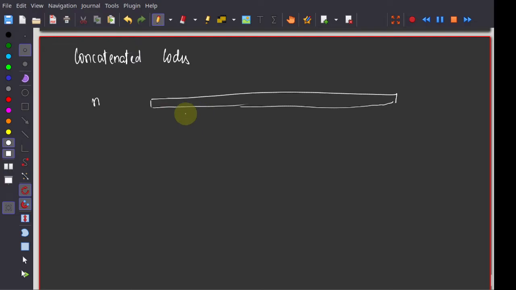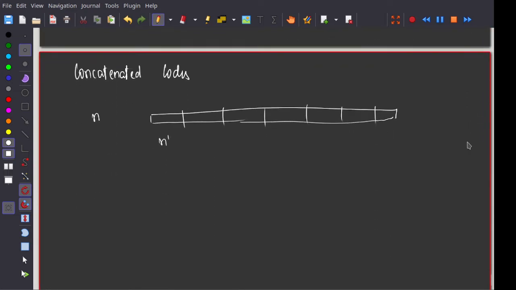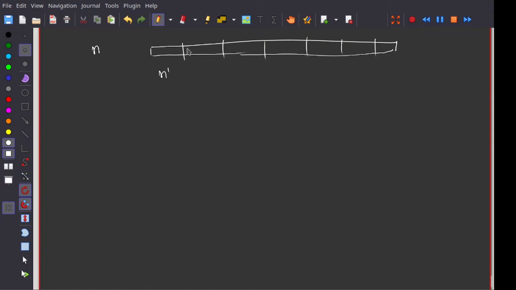Okay, so n is very large. I'll split them into sub blocks of maybe n prime channel uses each. I know how to construct good codes with large decoding complexity, correct? So in each of these blocks, I'll use this particular code. Okay.